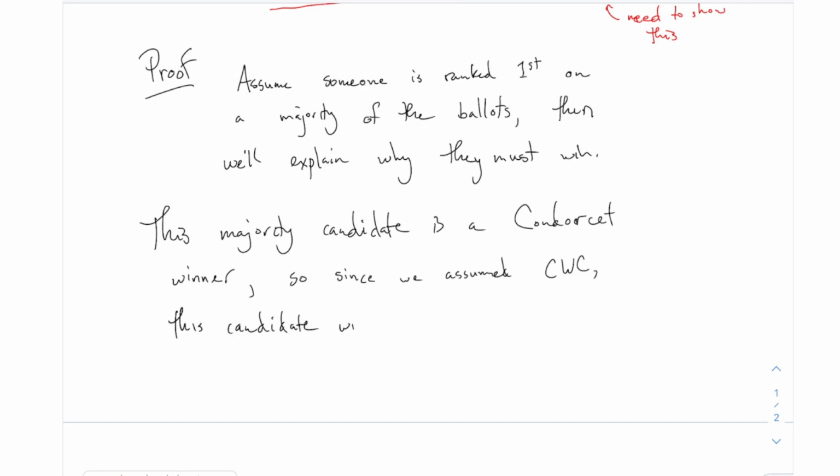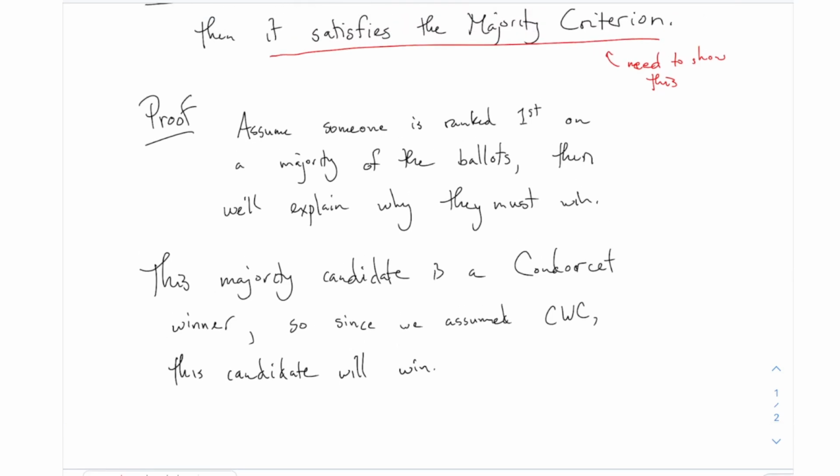And I have now explained why. If someone is ranked top by a majority, that means they're the Condorcet winner. And since we assume the Condorcet winner is going to win, that means they're going to win. All right? And that's the end. I have shown what I said I needed to show. It satisfies the majority criterion.